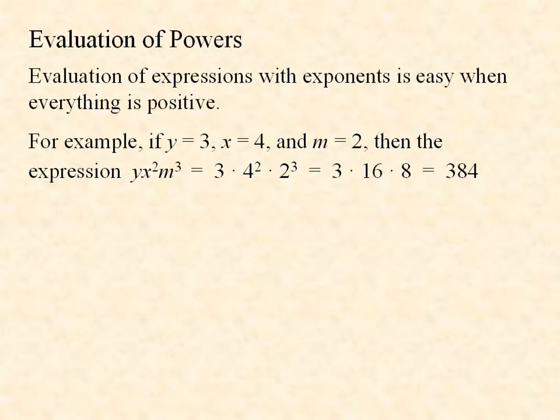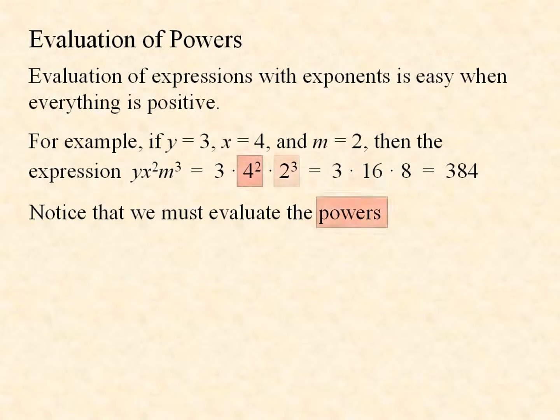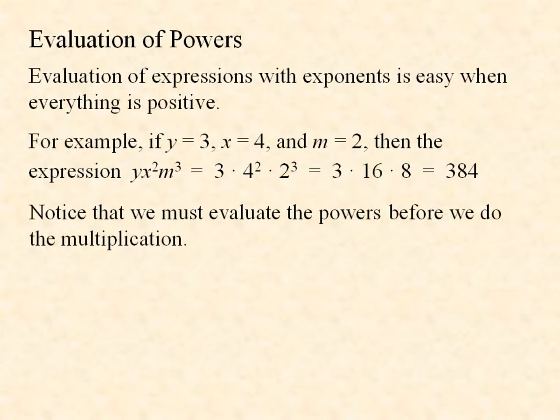You evaluate each of those powers, you get 3 times 16 times 8, and that multiplies to 384. Notice that you have to evaluate the powers first. Then you do the multiplication.